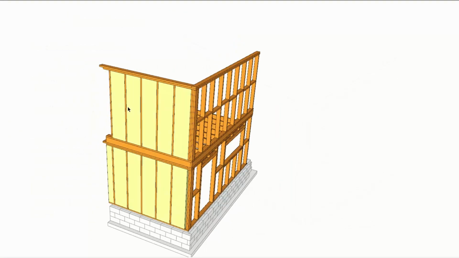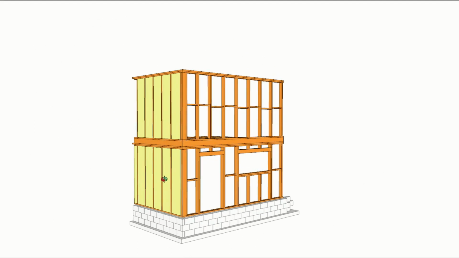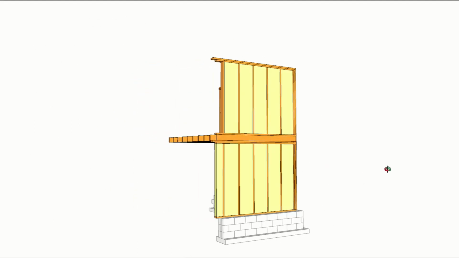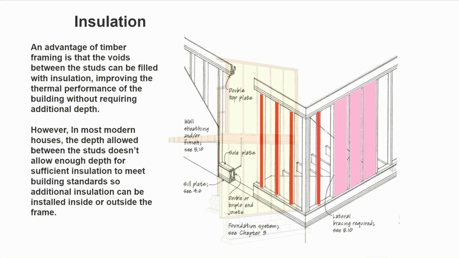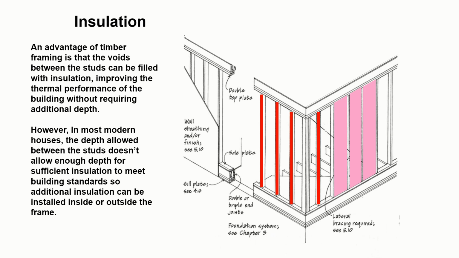So that can give you improvements in thermal performance without requiring additional depth within the wall. Because of changes to the building regulations and improvements year on year, and usually every year they ask for a better performing building to be built, nowadays it's very difficult to actually get sufficient insulation into that space to meet the building standards. So we tend to install it between the studs and install it either inside or outside the studs.